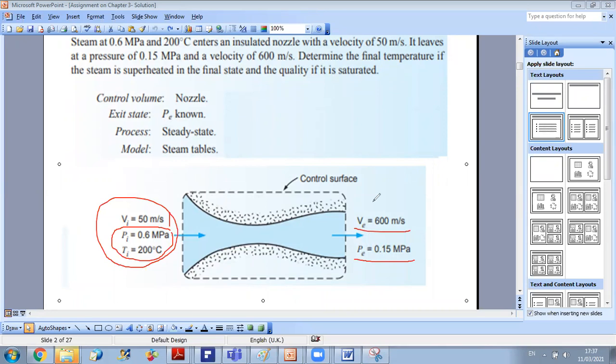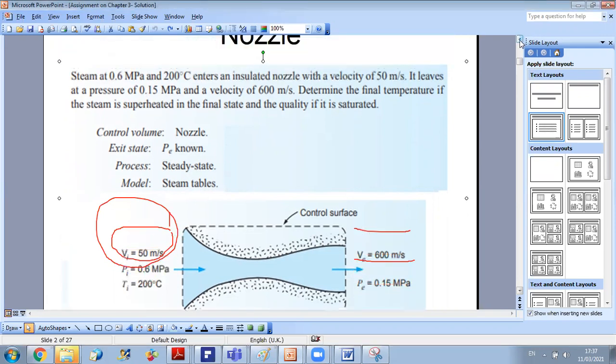What they told me is that the steam is leaving at a pressure of 0.15 megapascal. What I should find is the final temperature. So they are asking me what the final temperature of the steam is.